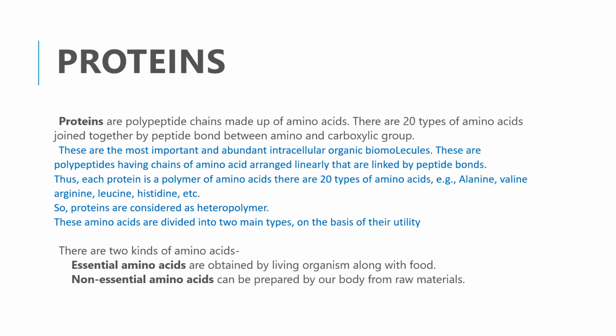There are 20 known amino acids, which join together by a peptide bond between the amino group and carboxylic group, that is CONH. These are the most important and abundant intracellular organic biomolecules.